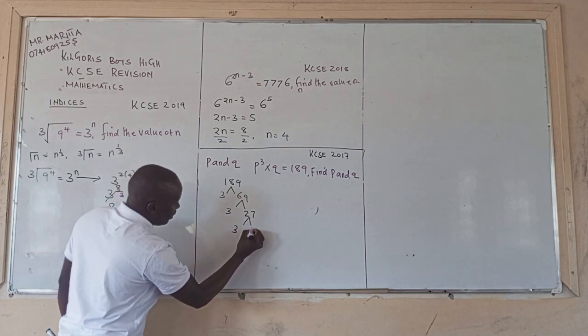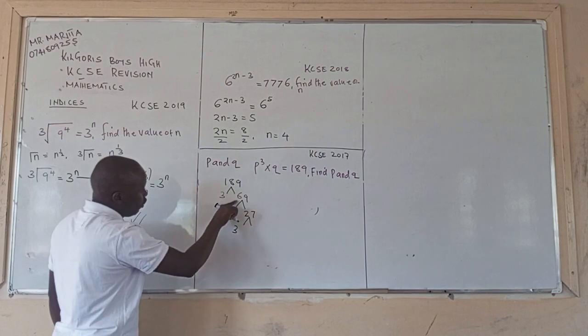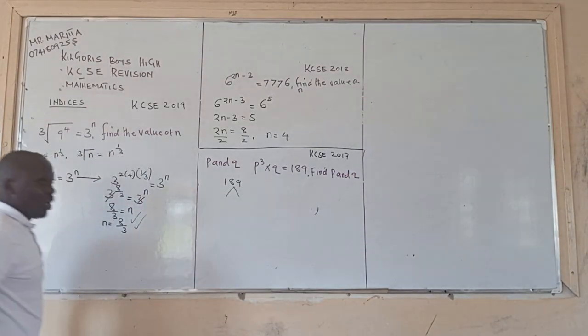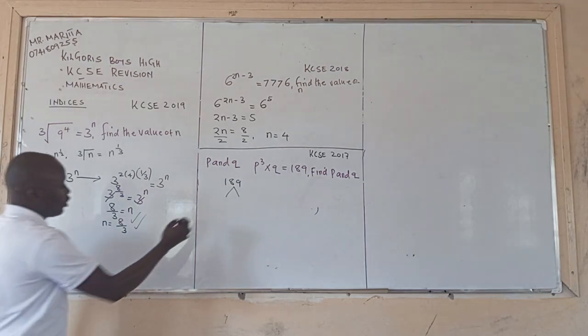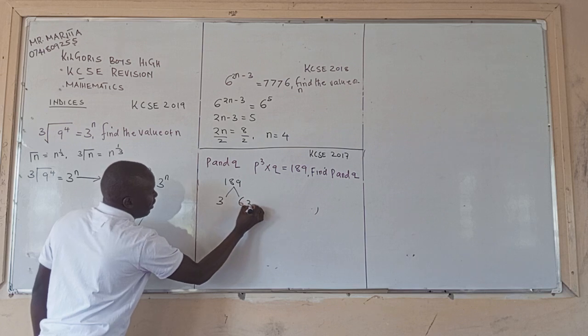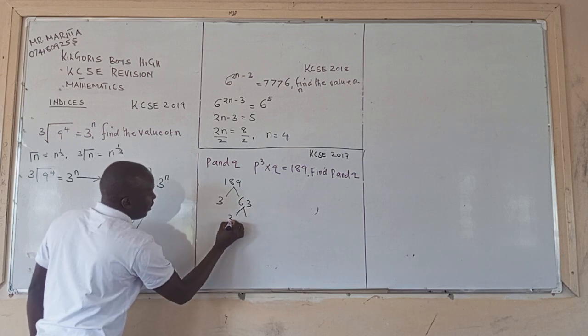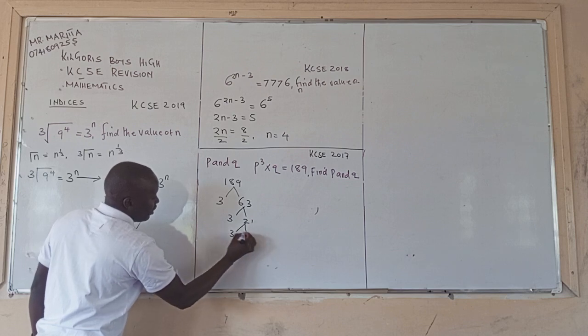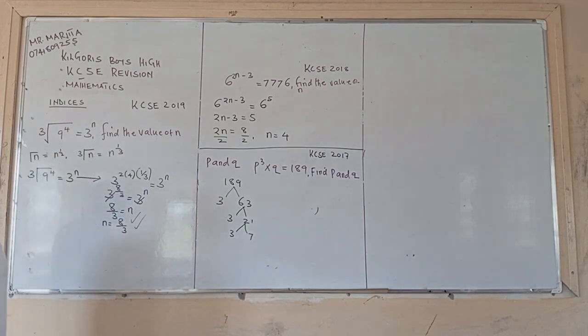So we express 189 in prime factors. We have 3, which divides to give 63, and then we have 3, which divides to give 21, and then finally we have 3, which divides to give 7.